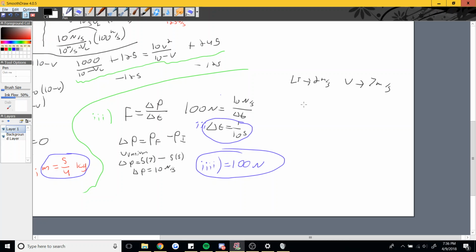So, if you do 5 meters per second times T, some amount of time, equals 50 meters. Because you got the difference here, 7 minus 2. Hit them with the 5.